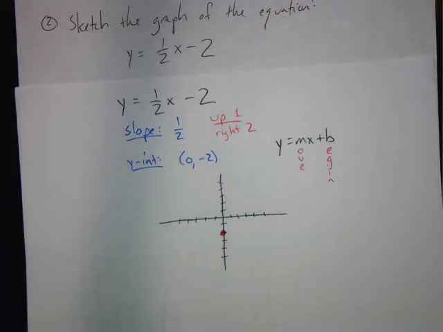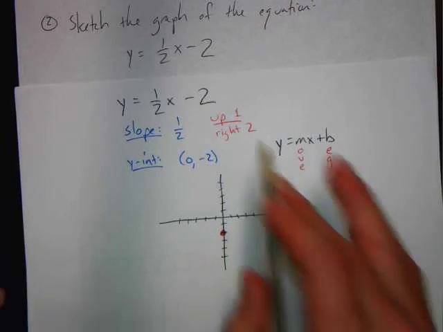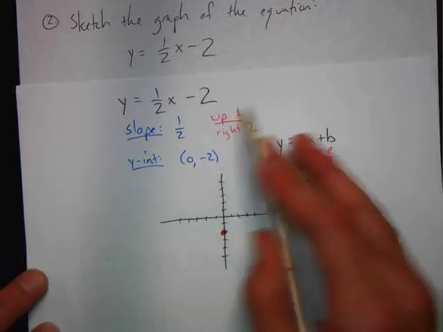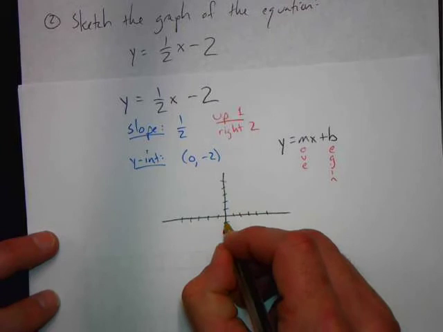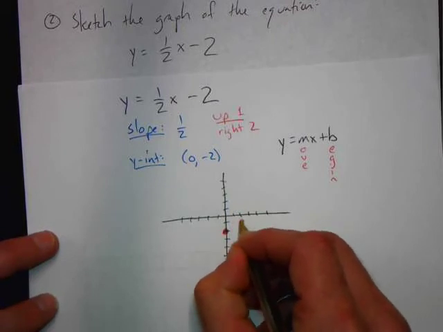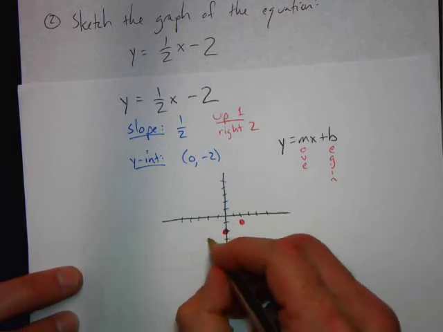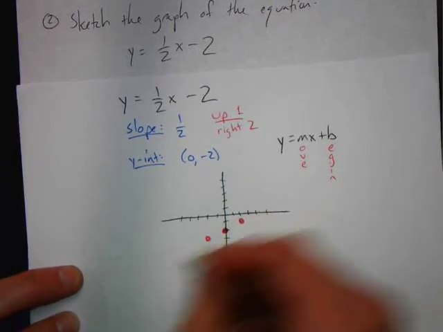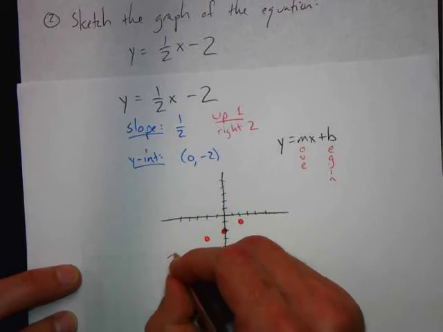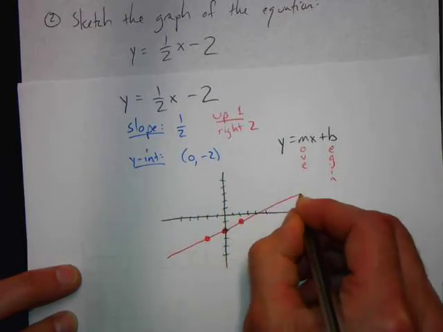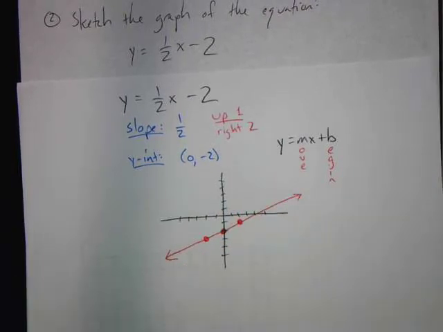All we do is count our slope from there. We will go up 1 and right 2 from there. Up 1 and right 2. We can also move in the opposite direction, down 1 and left 2. Either way, it gives us a straight line, the set of all ordered pairs that would make this equation true.